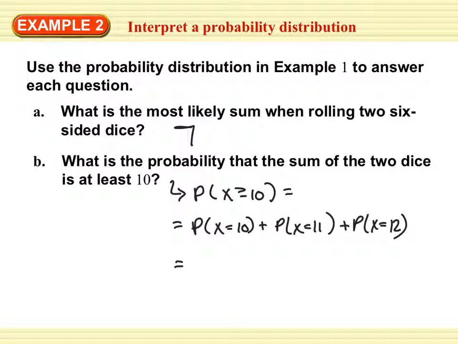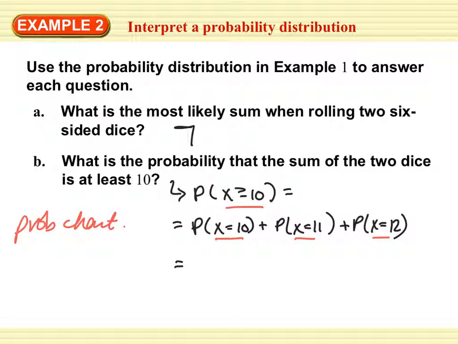What is the probability that the sum of the 2 dice is at least 10? So we want the probability that x is greater than or equal to 10, which means I want the probability that x is equal to 10, plus 11, plus 12. So I go back to that chart. I can get all of those answers.